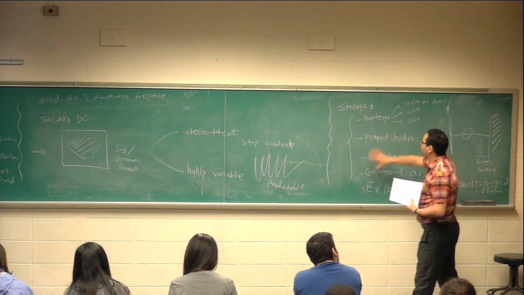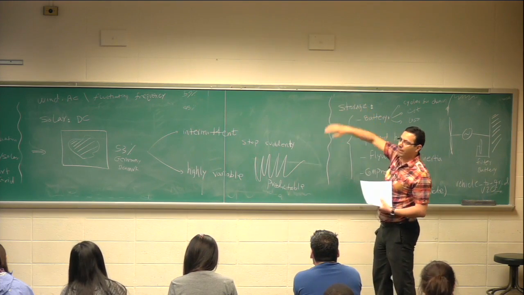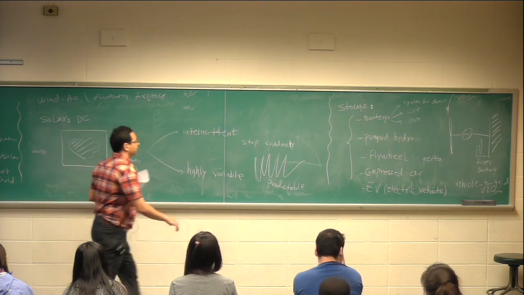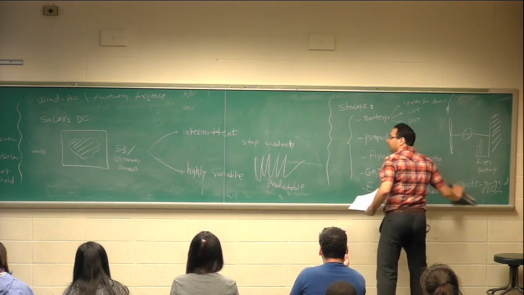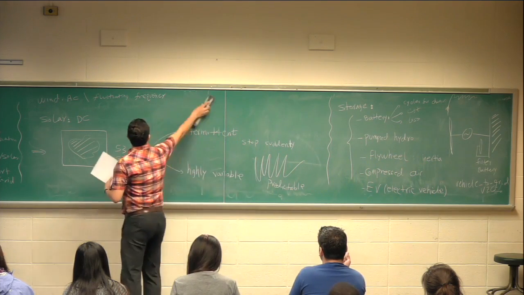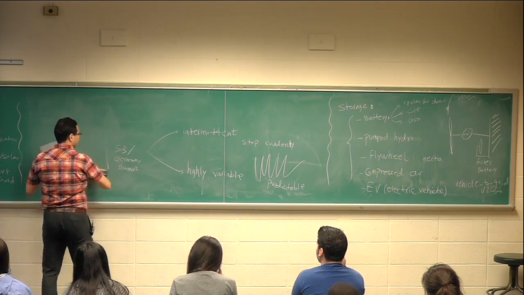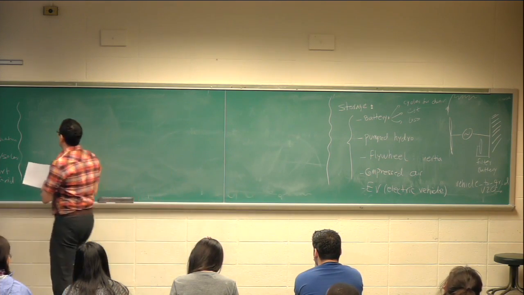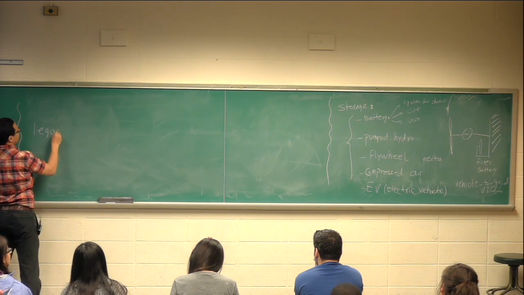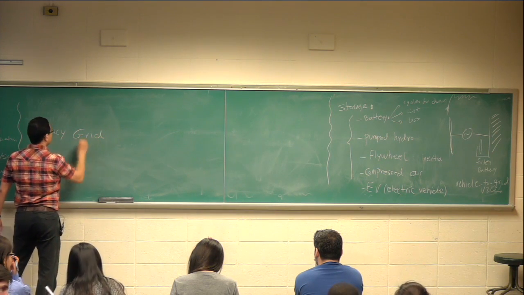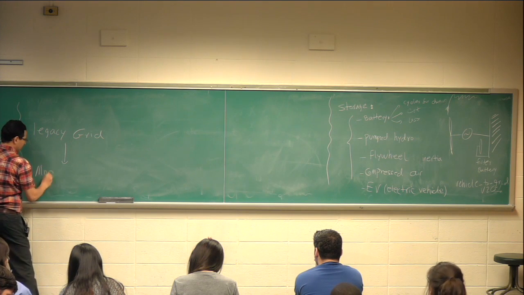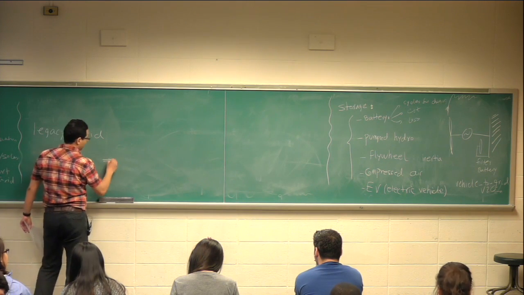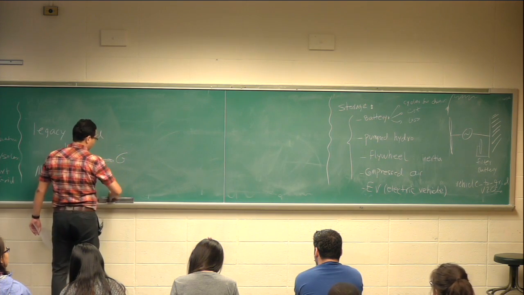So storage is one option, then store it somewhere, ship it to somewhere else. But the whole idea of going from a legacy grid to a modern grid is modernization, something which is called a smart grid.